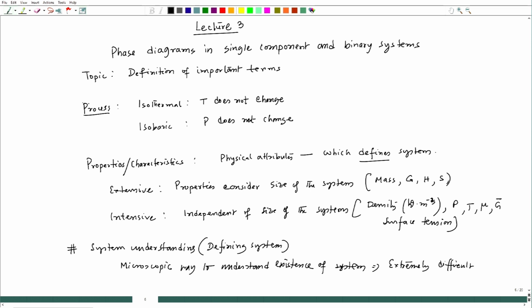Now, in order to understand a system, how do I understand its existence? This comes in the pattern of a microscopic state, or what we call a microstate. Okay. So, for the time being we do not consider that.